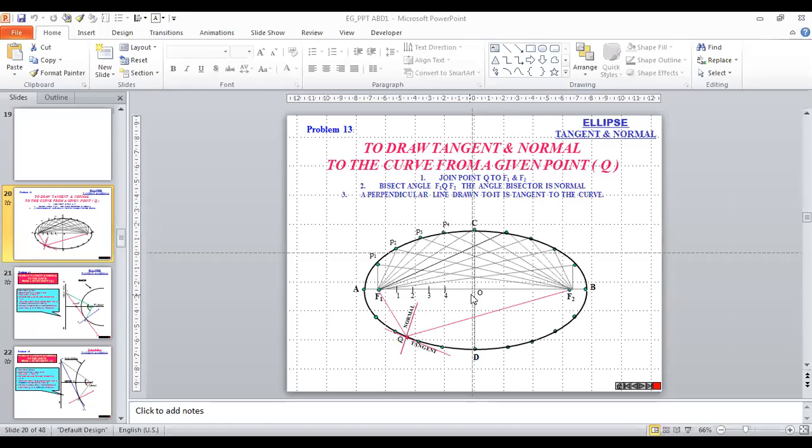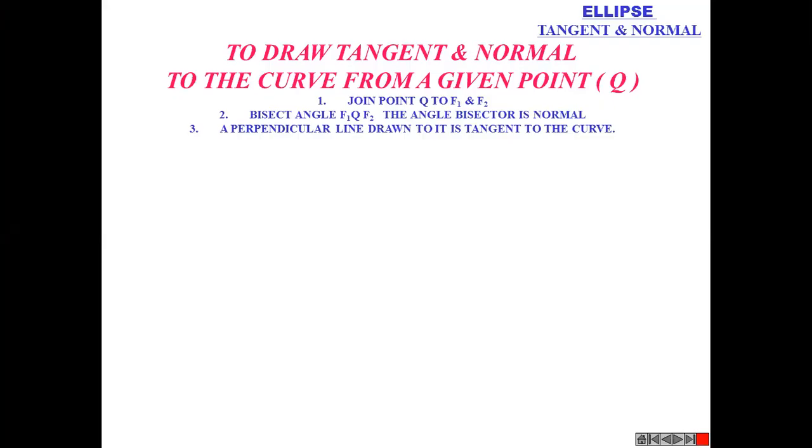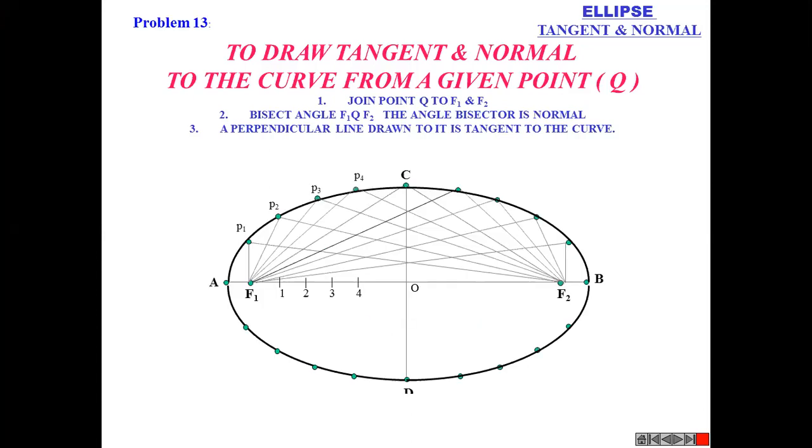So today we will discuss how to draw tangent to the curve, into the ellipse from the given point. Fine. So this is an existing ellipse. Now you know all the methods of how to draw an ellipse. We have already seen yesterday also the concentric circle method.